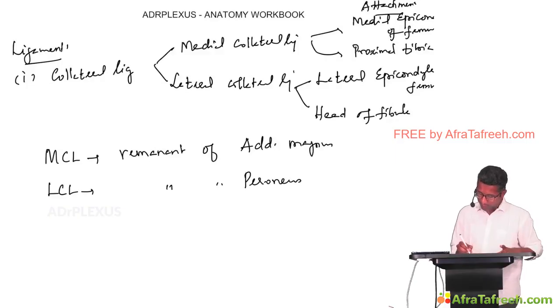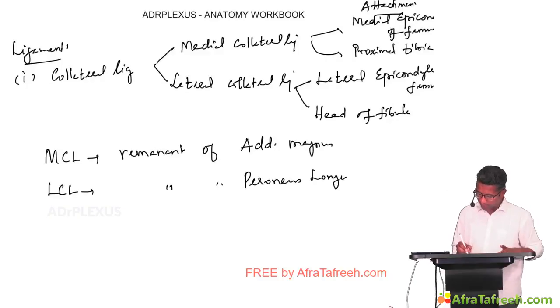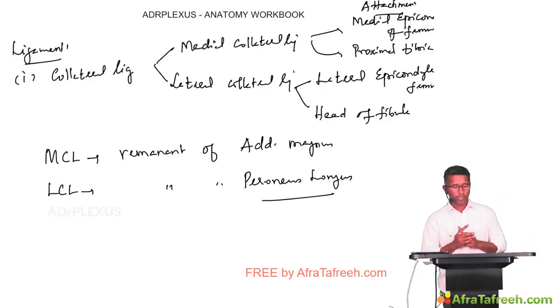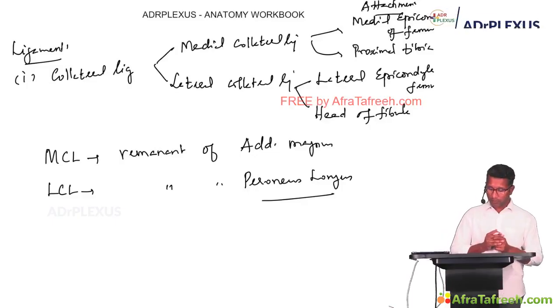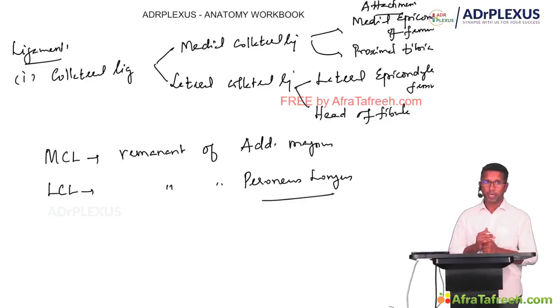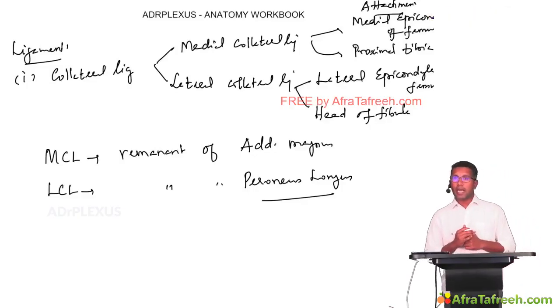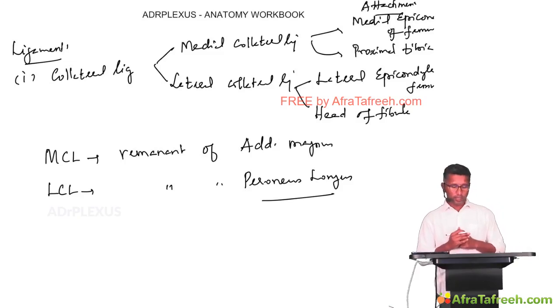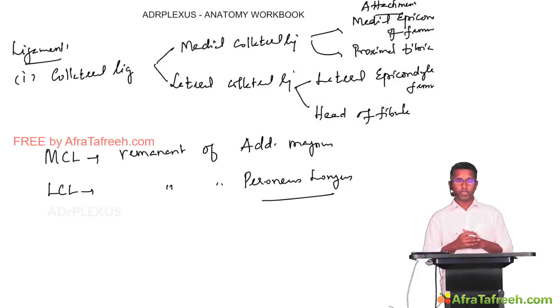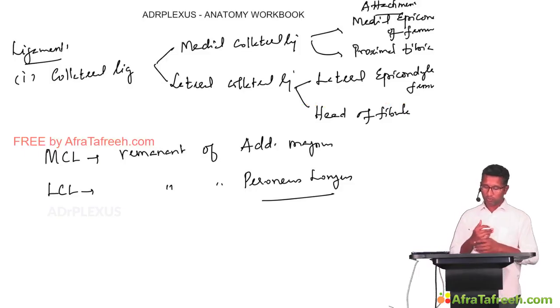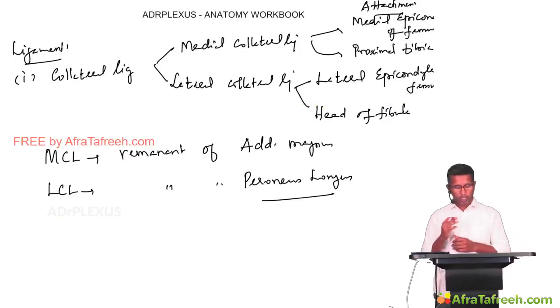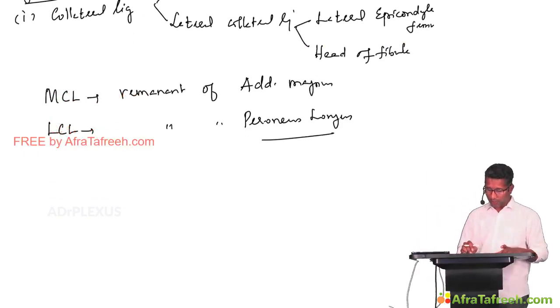Guys, you should know about these remnants. Sometimes MCQs come in this area. So medial collateral ligament, remnant of adductor magnus muscle, whereas the lateral collateral ligament is the remnant of peroneus longus muscle. We'll discuss it shortly. So these are the two important collateral ligaments.